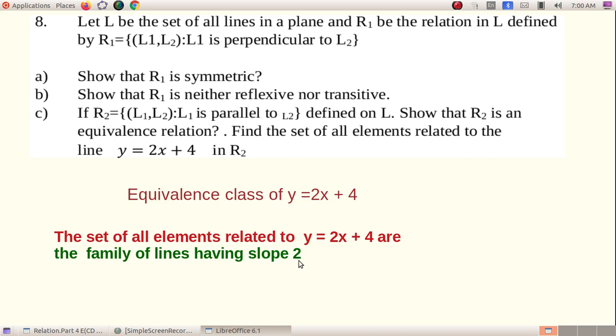What is the family of lines having slope 2? Y equal to 2x plus c. 2 is the slope. The set of all elements related to the given line is y equal to 2x plus c. There is no change in this 2, and we change the y-intercept 4 into an arbitrary constant c. I think the answer is clear to you.